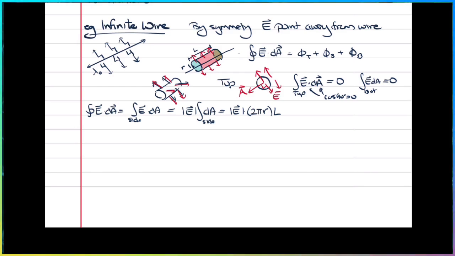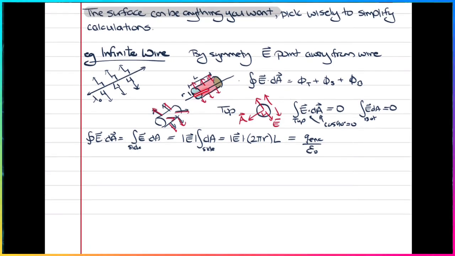And by Gauss's law, that must be equal to the charge enclosed divided by epsilon naught. But the charge enclosed, I have some snippet of wire that's inside the cylinder. I have this entire wire here that has a charge density lambda naught. But then essentially you can imagine just cutting off a piece of it that has length L. And I've asked you several lectures ago, what is the total charge on this finite length of wire?